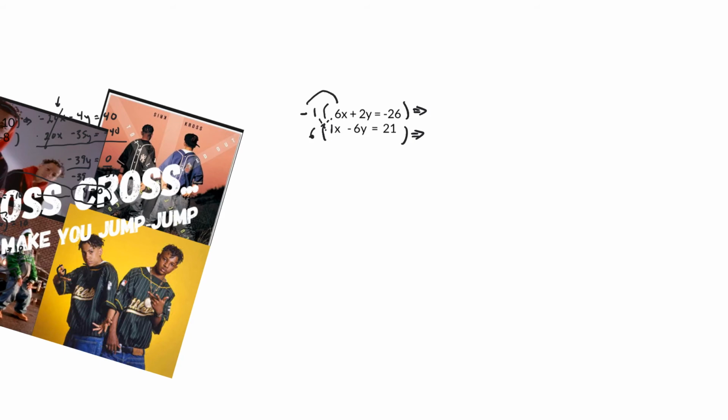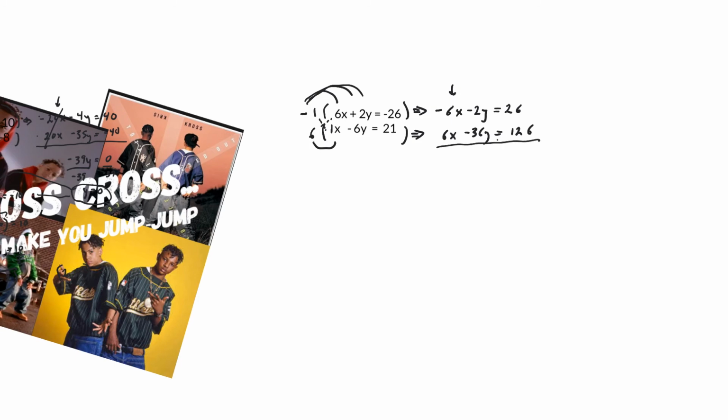All right, so here we go. Negative 6x, negative 2y, positive 26. Then we're going through here. 6x, I know I did it right. Minus 36y, and 6 times 21 hopefully is 126. And that's that. Make sure I did my math right.